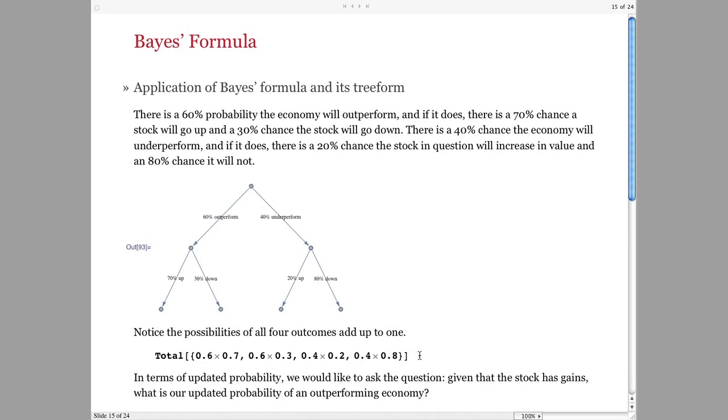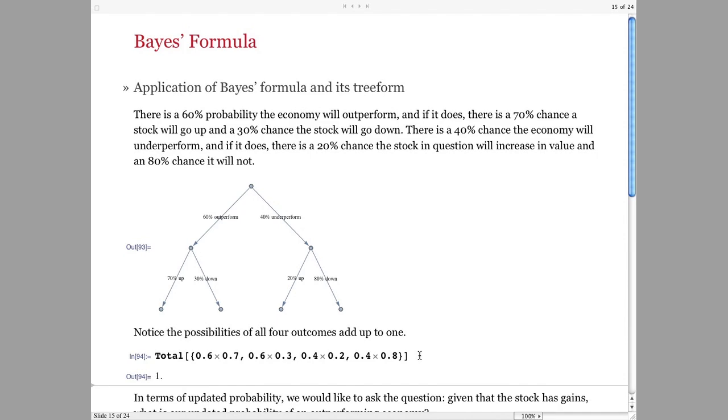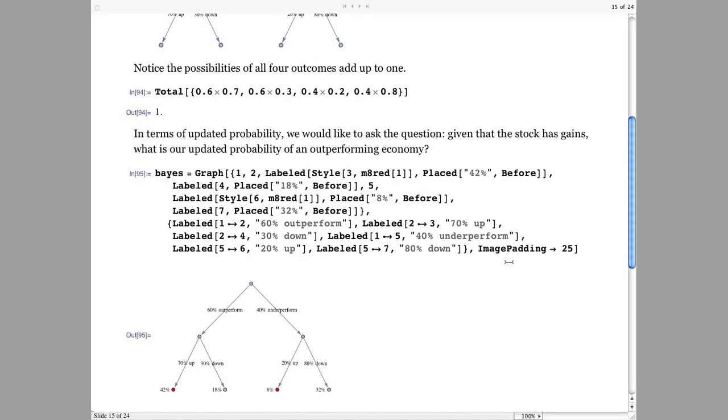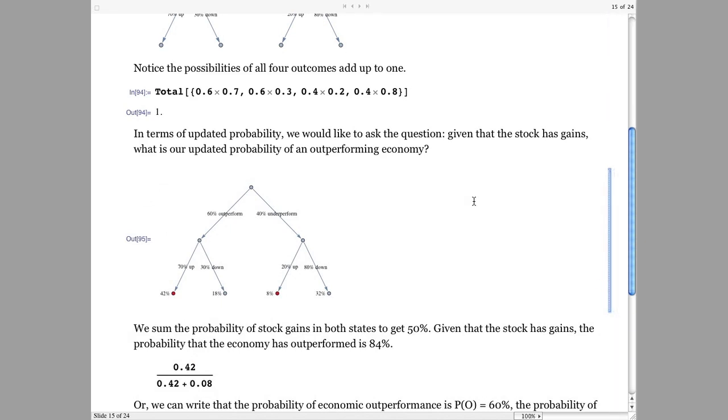Notice the possibilities of all four outcomes add up to 1. In terms of the updated probability, we'd like to ask the question, given that the stock has gains, what is our updated probability of an outperforming economy? Manually, we can sum the probability of a stock gains in both states to get 50%.